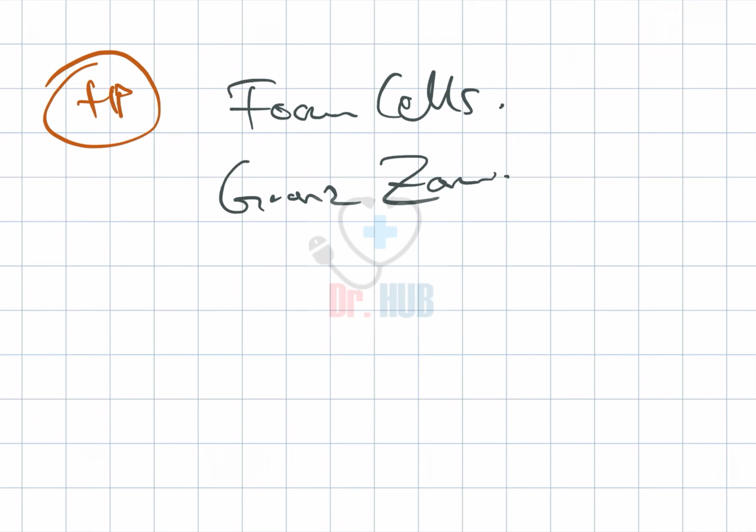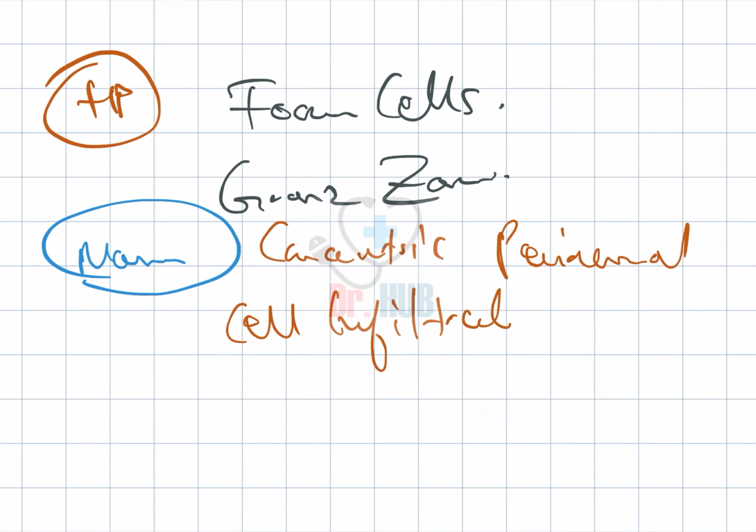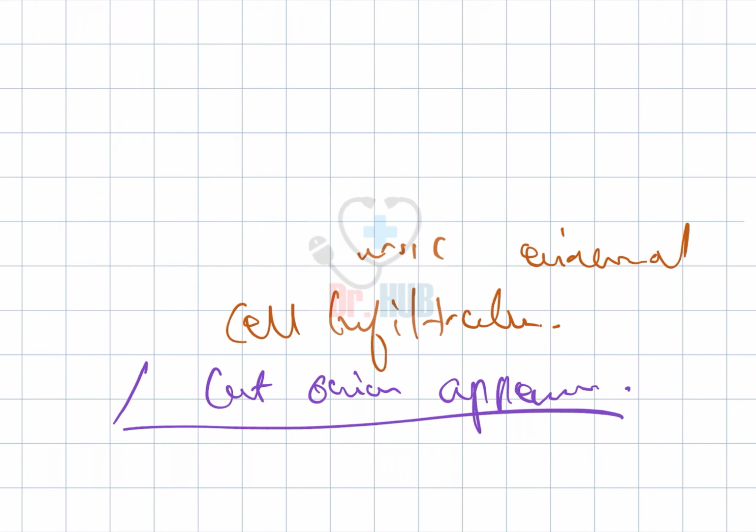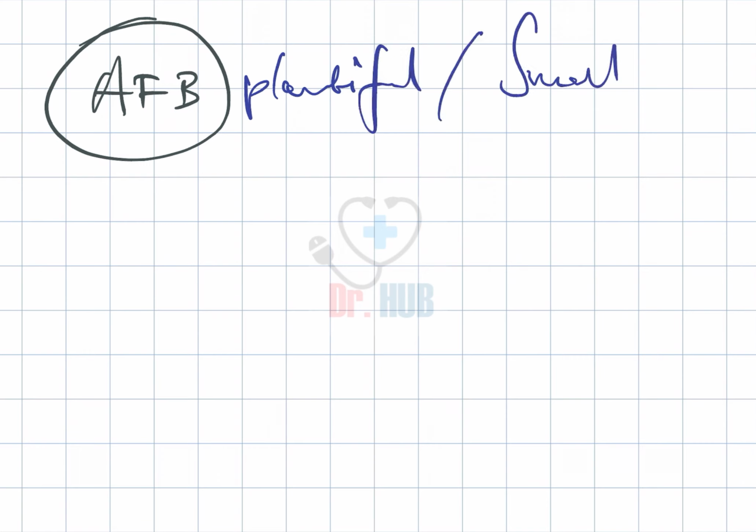The nerves show concentric perineural cell infiltration, and there is a more conspicuous cut onion appearance. Looking at the AFB, they are plentiful, including small globi.